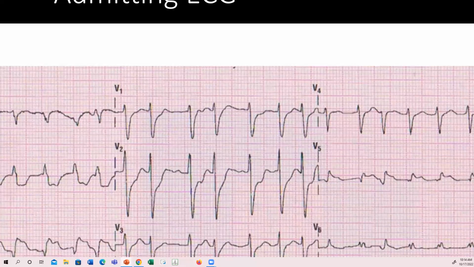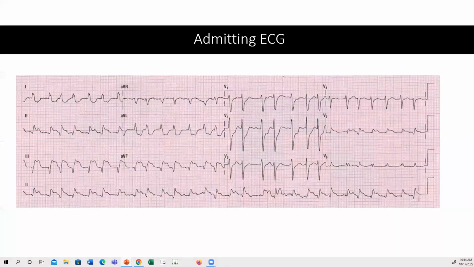And therefore, this is going to help you identify the bundle that is going to be blocked. All right? So do we understand now how we came to the left bundle branch block? So we have atrial fibrillation and we have a left bundle branch block. Do you all understand how we got that, right?